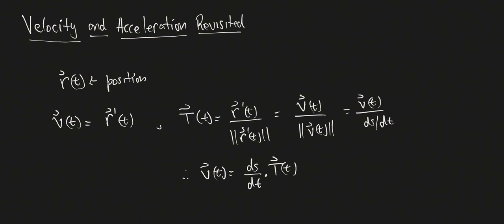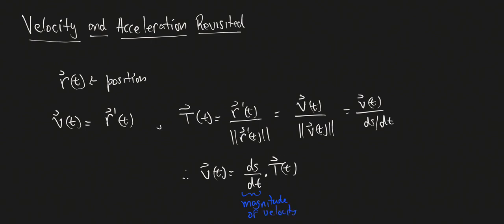So essentially what we have here, we've broken velocity into its two, I guess you could say, components. This one is a scalar component. This is the vector component. So this is the magnitude of velocity, right?